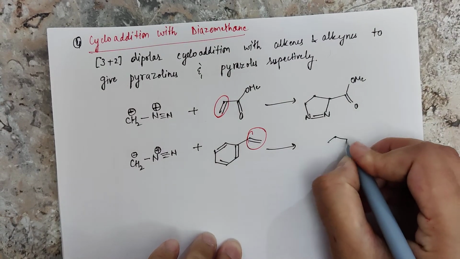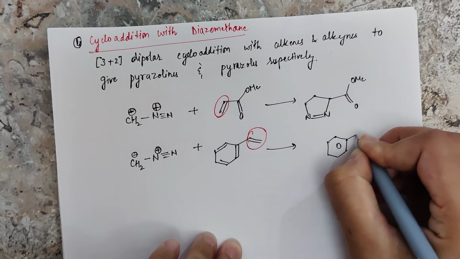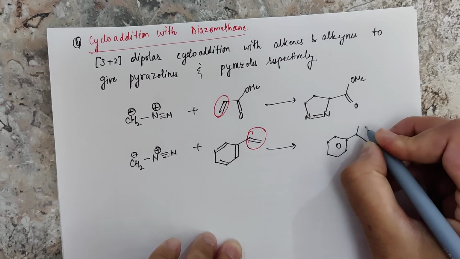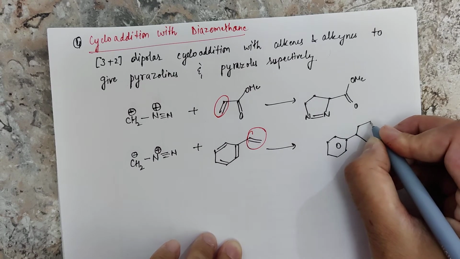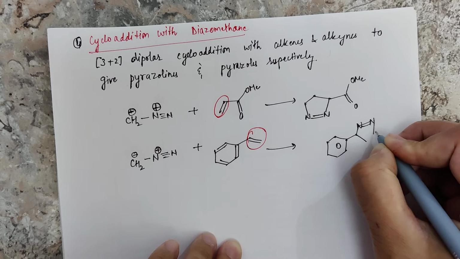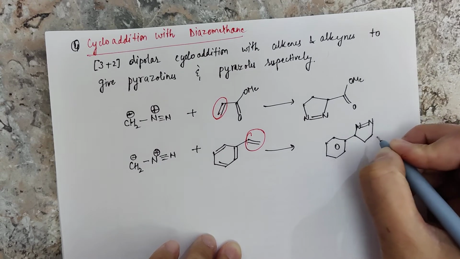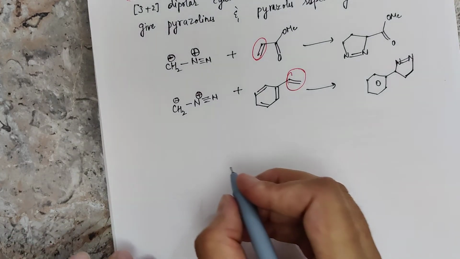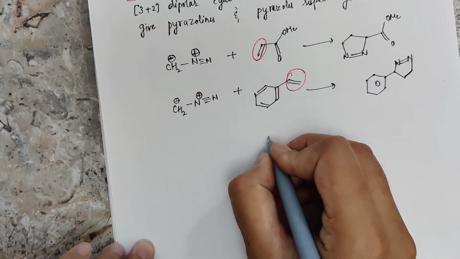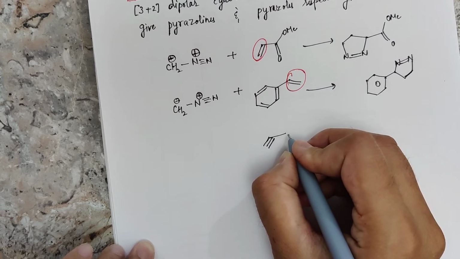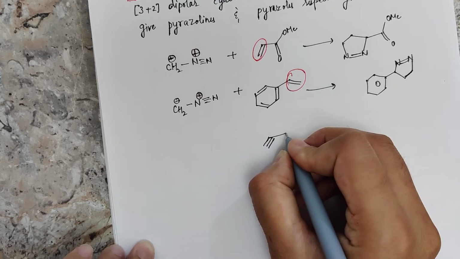Similar way में हमें ring मिल जाएगा. Pentacyclic ring मिल गया. Let's say we have a ethylene group and some substituents.